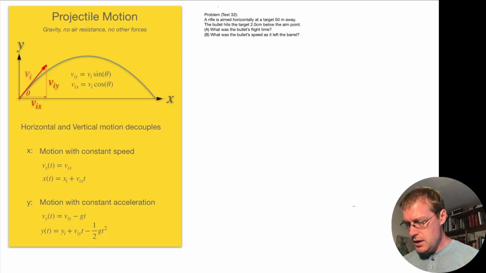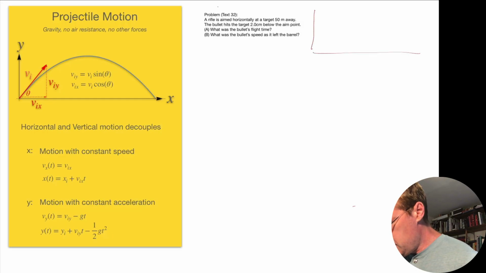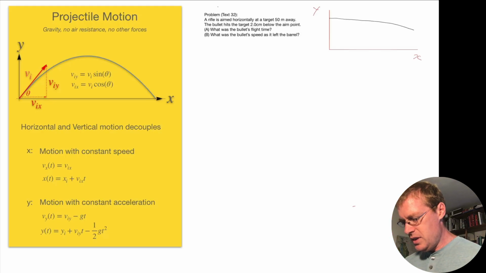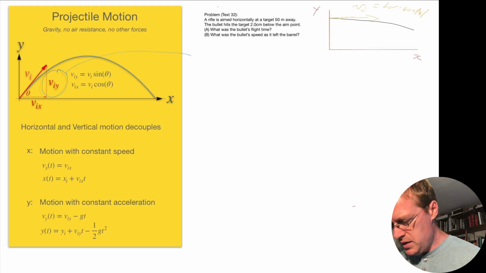So the bullet is fired horizontally. Let me first draw some axes. It looks something like that. It is fired initially horizontally, which means that the y component of the velocity here is 0.